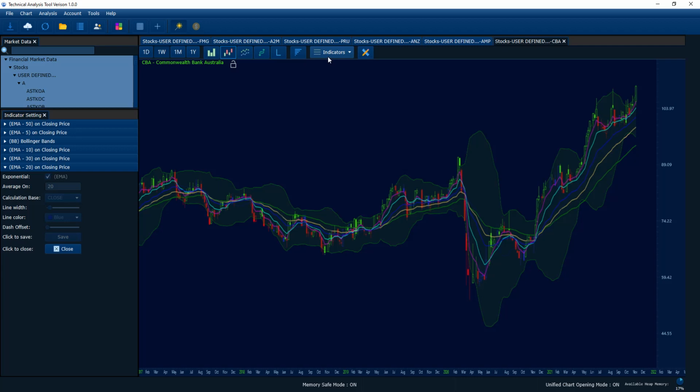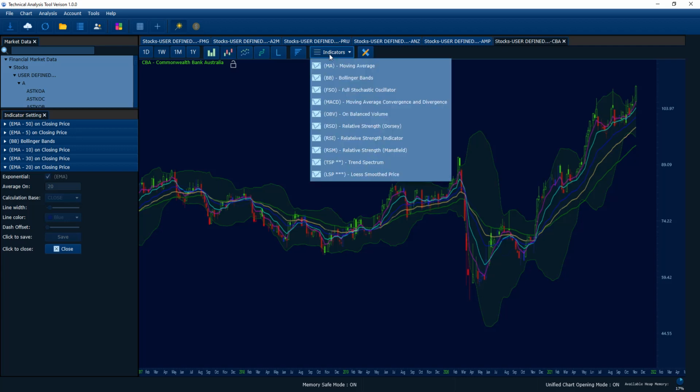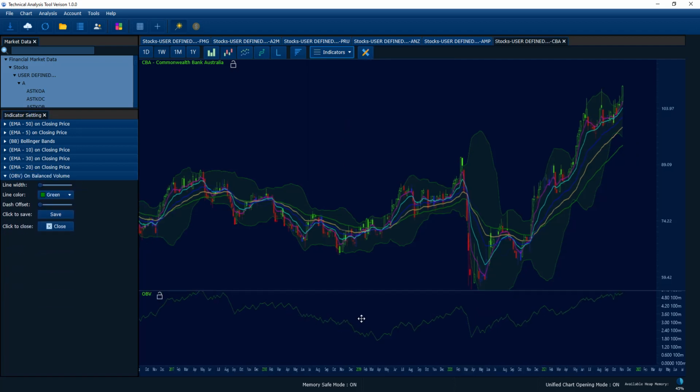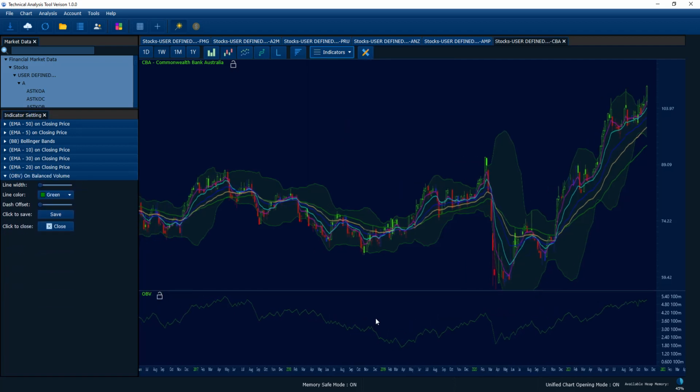When you want to bring the on-balance volume OBV into your chart, you click on the indicators drop-down list and select on-balance volume. Once you click on that, this OBV is added into your chart. This is the area where you can configure the OBV.